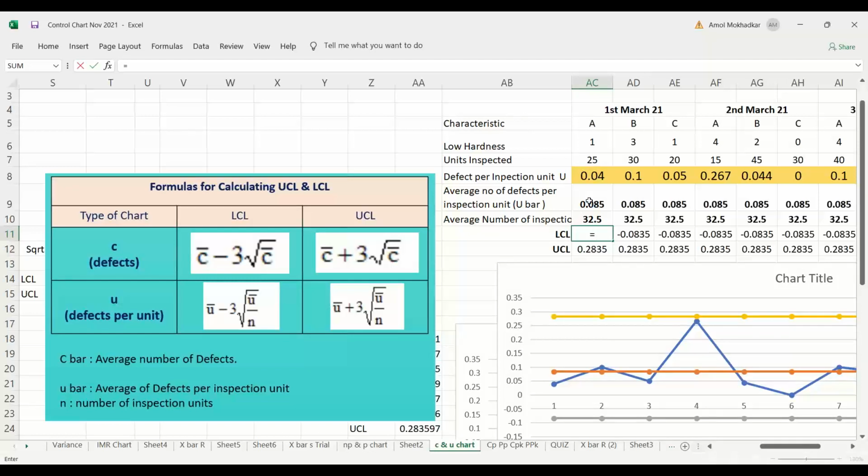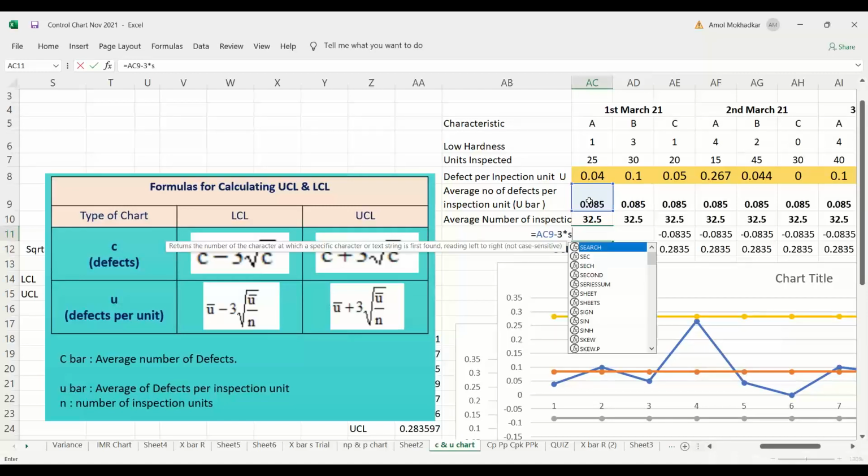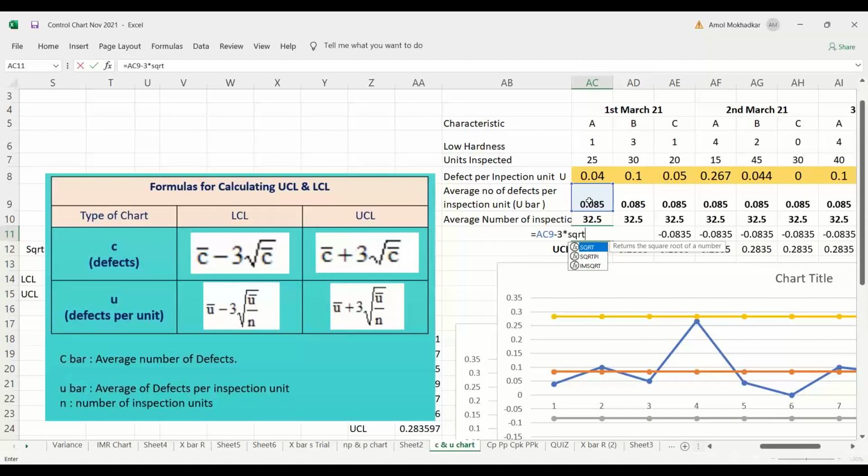What is the U bar? 0.0085 minus 3 into square root of what? U bar divided by n, that is the average number.